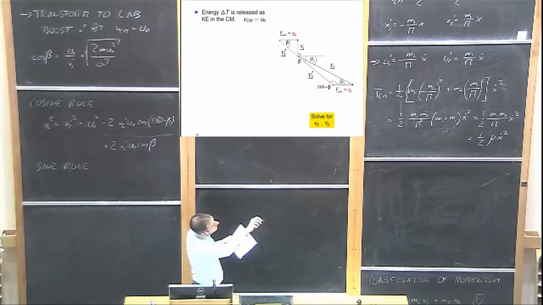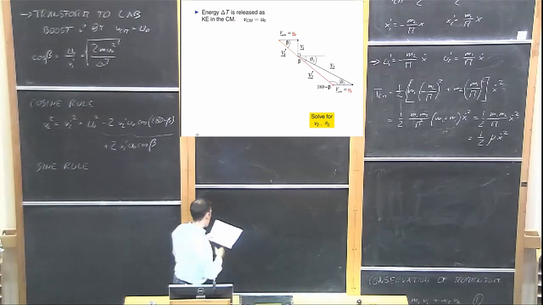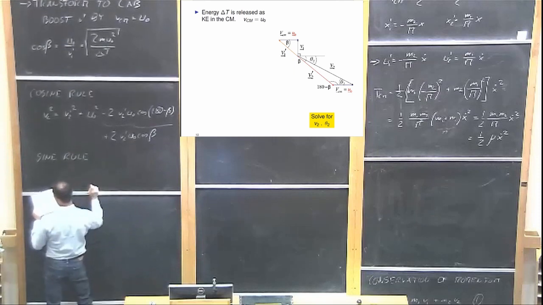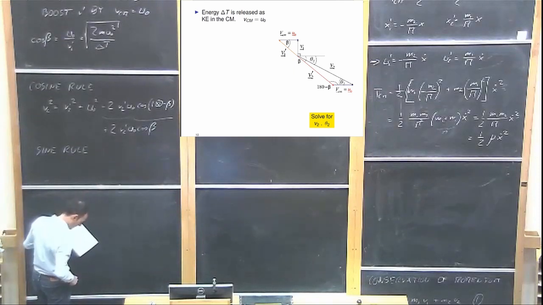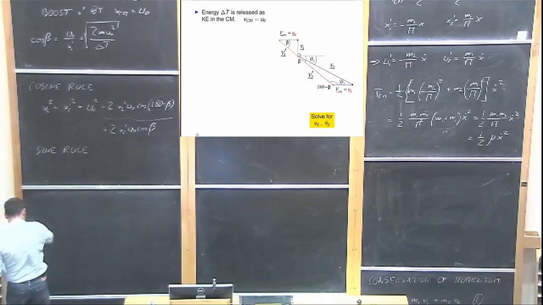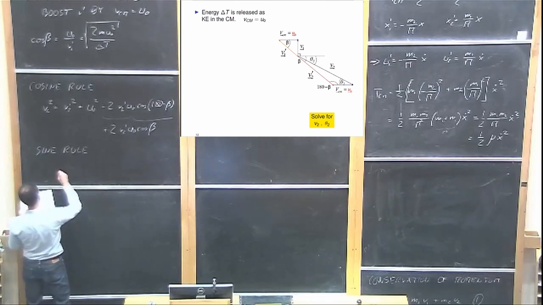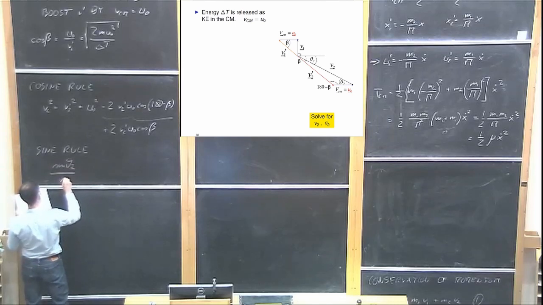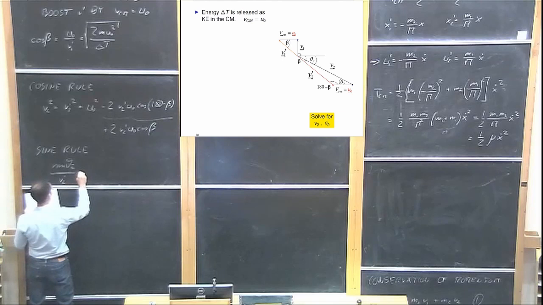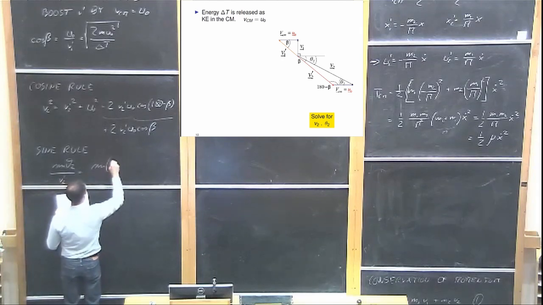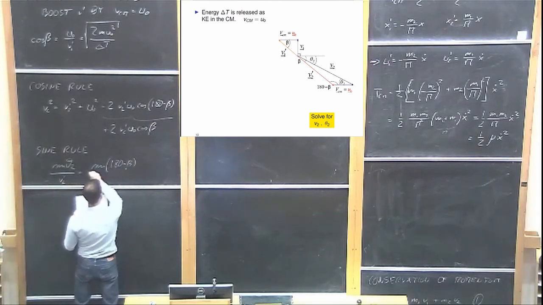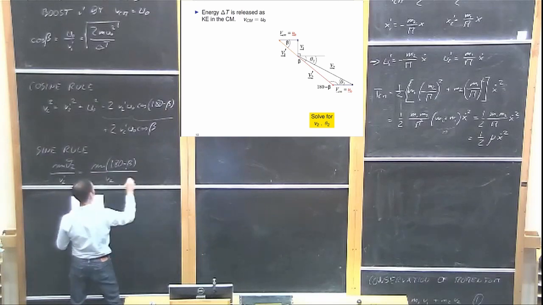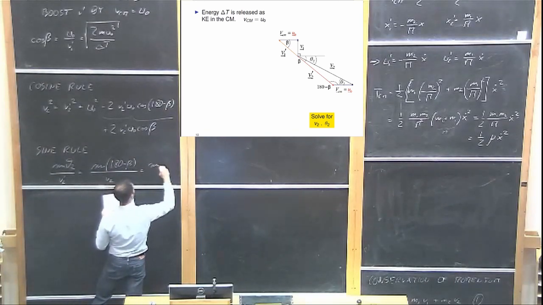Sine theta 2 over the opposite V2 prime equals sine of 180 degrees minus beta over V2.